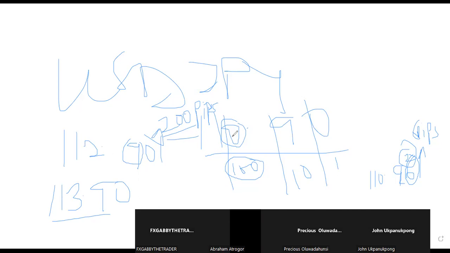Match this. 0 in place of 3 has changed from this current price. 1 is still at that place. The 1 is still there. So how many pips has this market moved upward? So if we do the analogy here, it's simply that USD JPY has moved plus 300 pips upward.